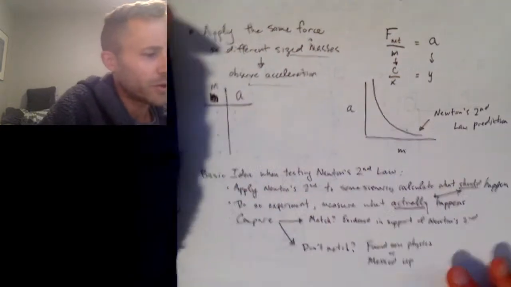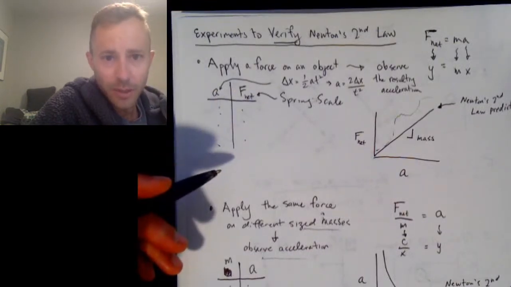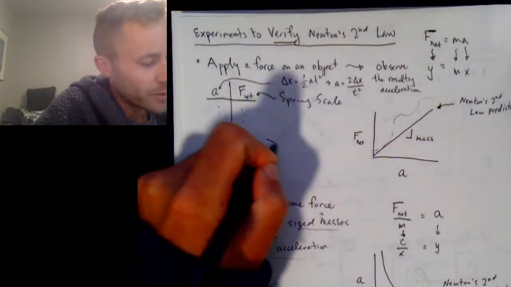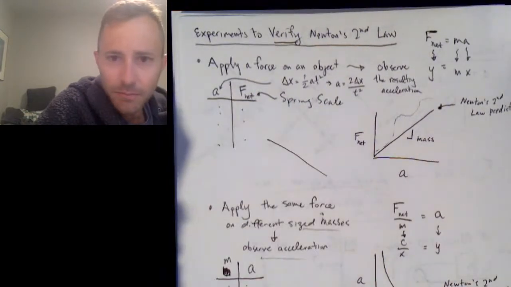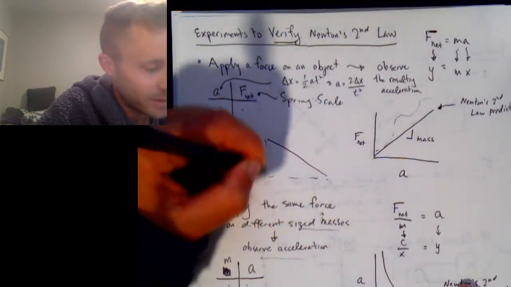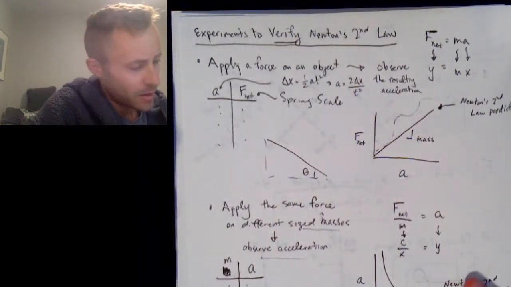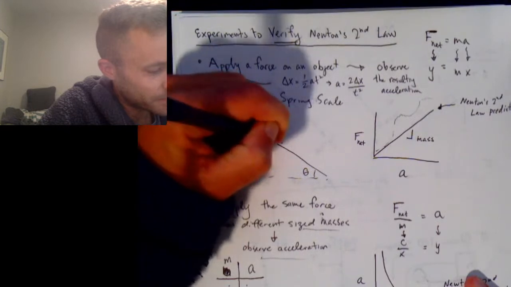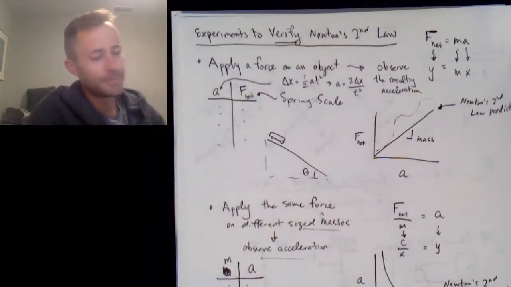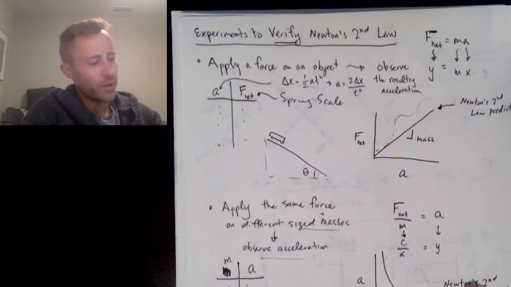I'm almost done here, but just let me talk really briefly about the experiment that we're going to do next week. What we're going to do is we're going to have a plank. All right. And the plank is at an angle, so we will make an inclined plane. And then we're going to have a little cart. The cart is going to want to roll down the incline.